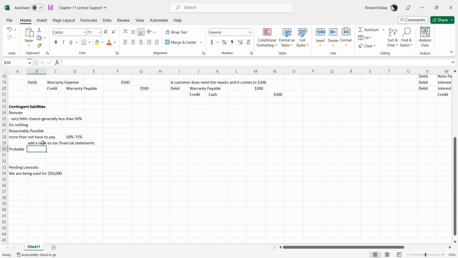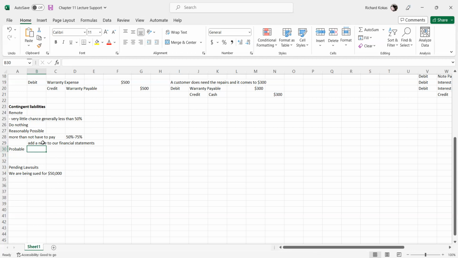And what they would do is, in this information, they would say, hey, just so all you potential investors know, there's a good chance we're going to have to pay $50,000 towards a lawsuit. Again, there's no journal entry, no accounts are made, but they're making you aware of it just in case, since it's reasonably possible.